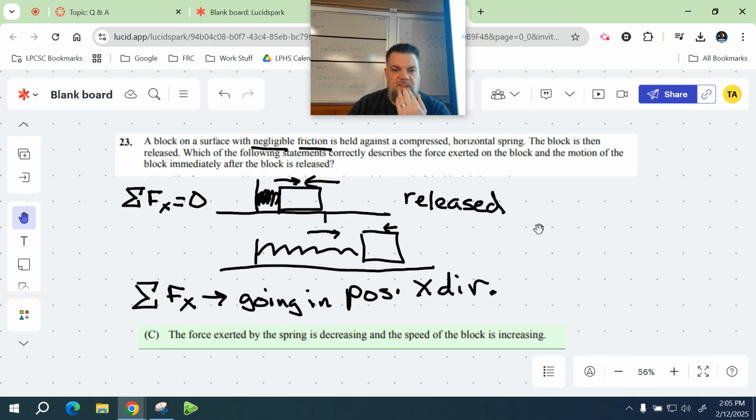The block is then released, which describes the force exerted on the block and the motion of the block after the block is released. Yeah, the force over here would be the greatest, and when you let go of this force, it's basically gone.